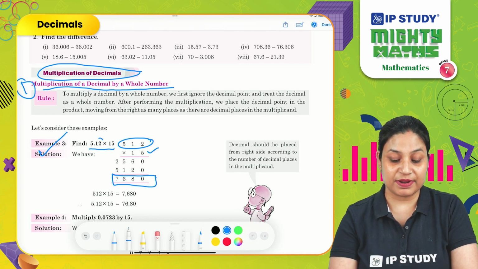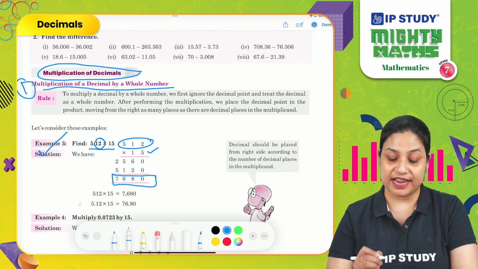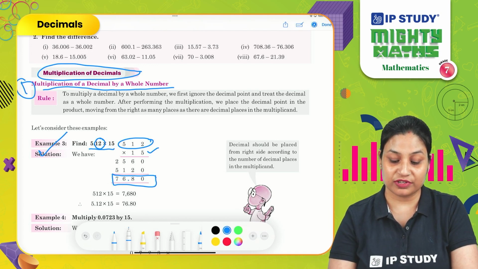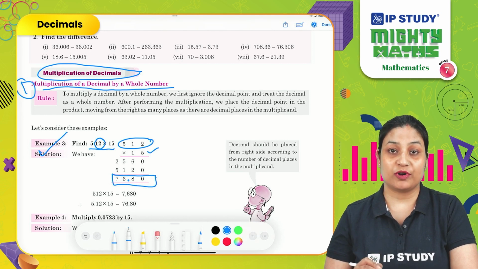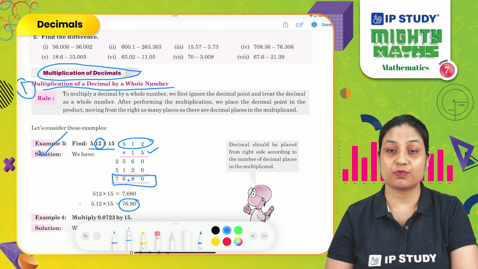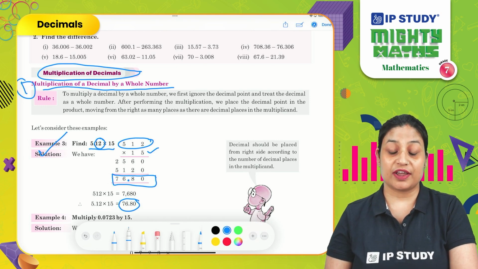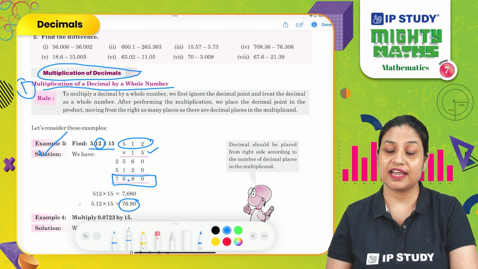How many decimal places we have? We have 2. So start counting from the right. 1, 2 and put the decimal over here. It means when you multiply 5.12 by 15, what you will get? You will get 76.80.